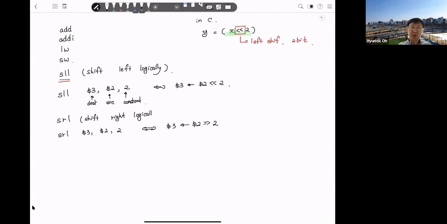So there is a left shift and a right shift. Maybe logically is not familiar to you. Actually, there is another one, arithmetic shift, which we will look at later. For now just think that there are 2 instructions: shift left logically and shift right logically.